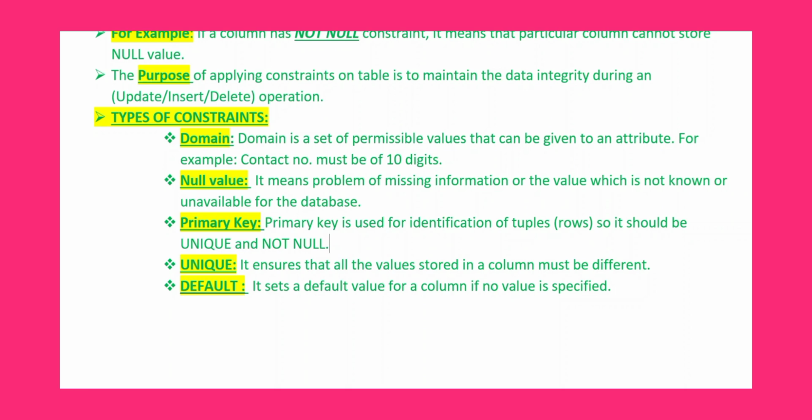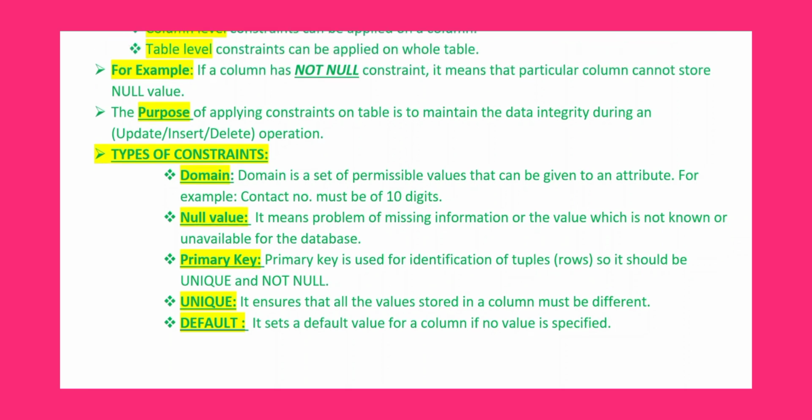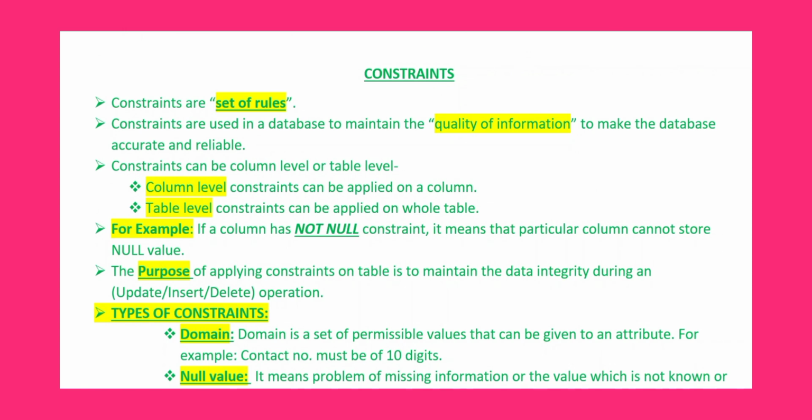So one by one I have explained many terms here: what is the general meaning of constraints, what is the use of constraints, what are the types of constraints, that is column level and table level. What is the example of constraint? What is the purpose of constraint?